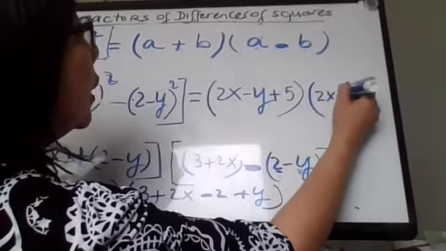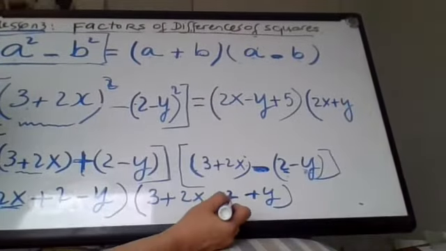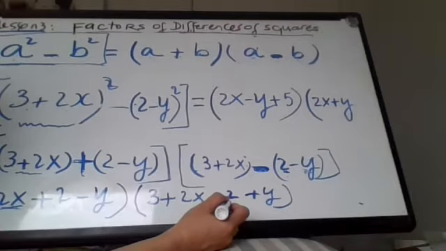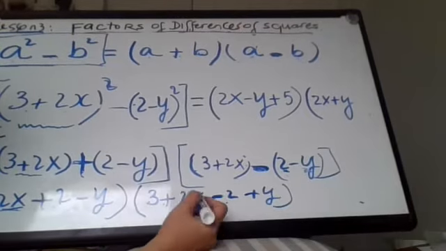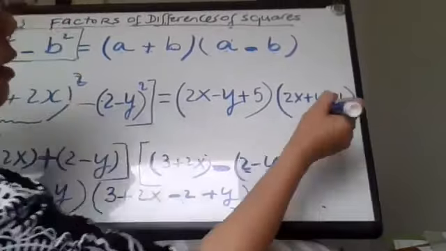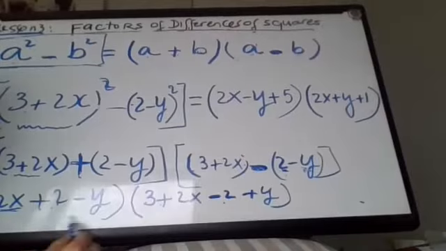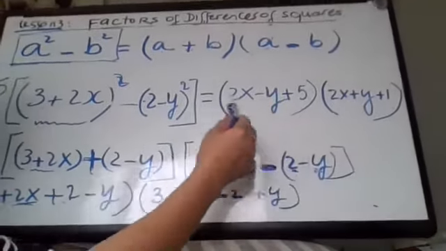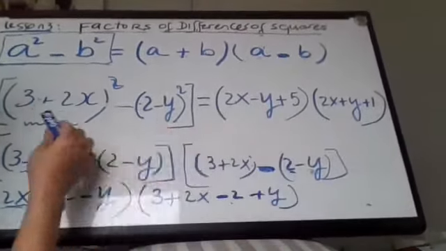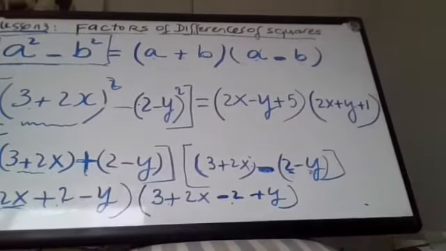I'm going to put in 2x plus y. 3 minus 2, yes, numbers we can subtract as like terms. 3 minus 2 is plus 1. I'm done. So by simplifying each small bracket, this is how I factor the complicated expression here.